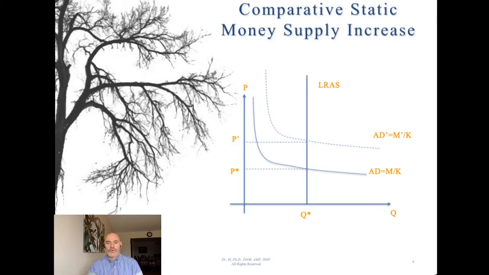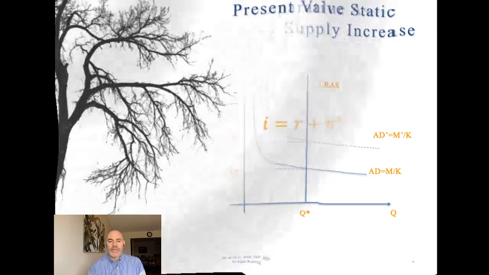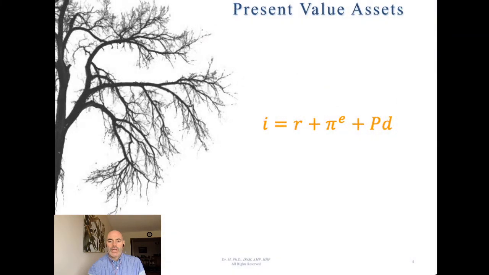All right, so we have done comparative statics as it relates to money supply change. Let me quickly review the nominal interest rate calculation. Although we have done this before, I think it would be helpful to review it again, so you can track my conclusions with more comprehension.